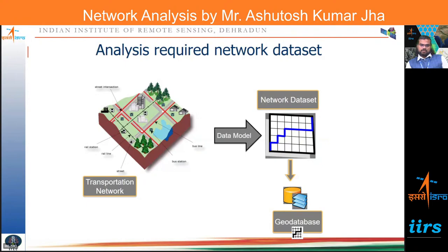So all these analyses require a set of data sets from a network, and that network is to be converted into network data sets, which is a special format presentation of information which will be used during the GIS analysis.